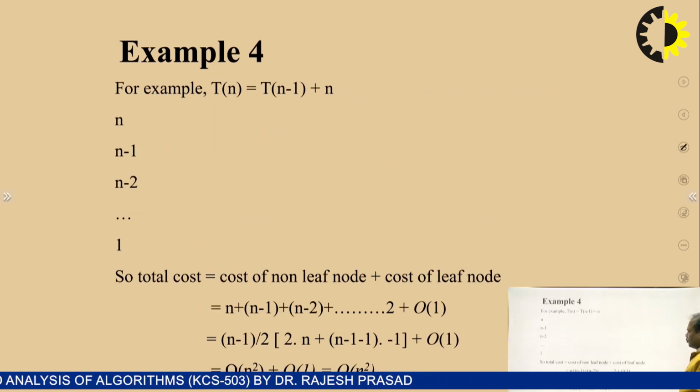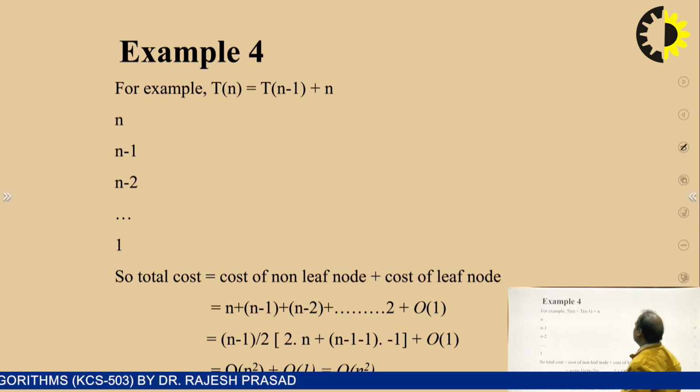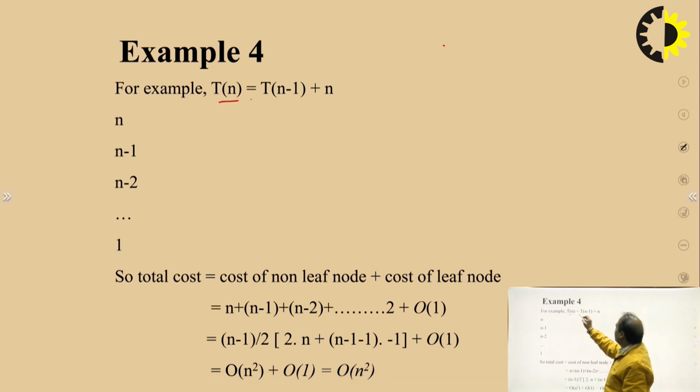Yes. So how do we solve this type of recurrence relation using the recursion tree method? In the recursion tree method, especially for these special recurrences, there are different kinds of methods.